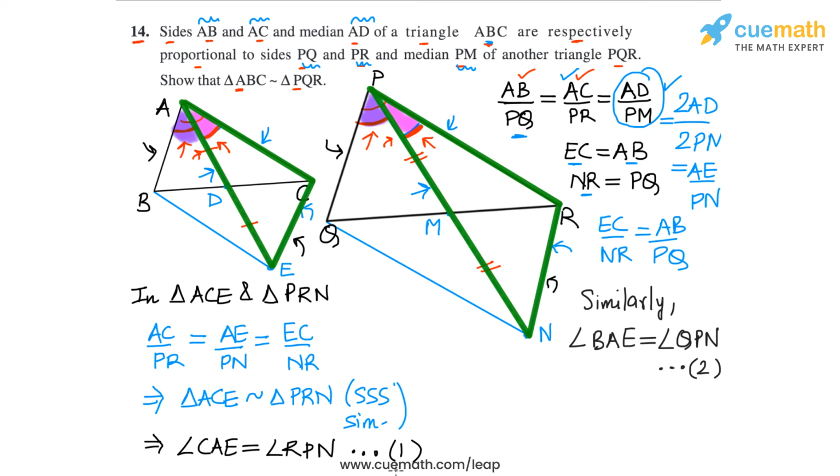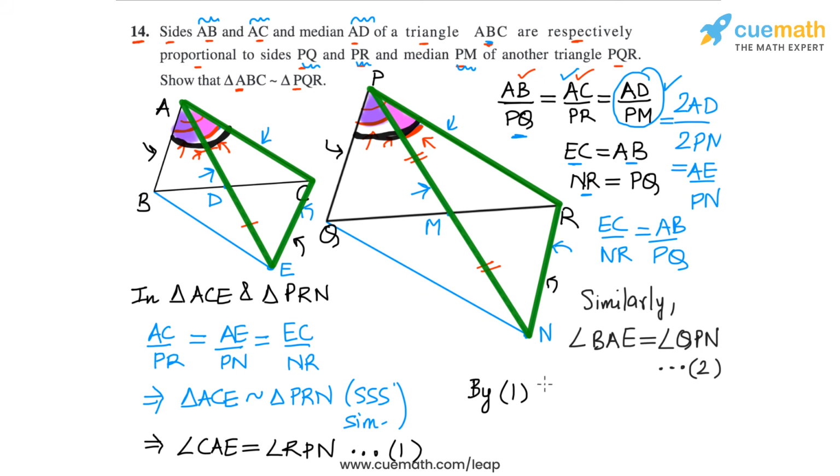And now what we'll do is we'll add these two equations, because what that will give us is that this whole angle BAC is equal to QPR, this whole angle. And this is what we really wanted to show, because we eventually have to show that triangle ABC and PQR are similar. So now we will add the two equations we have obtained.